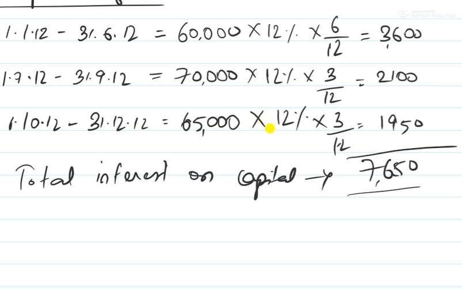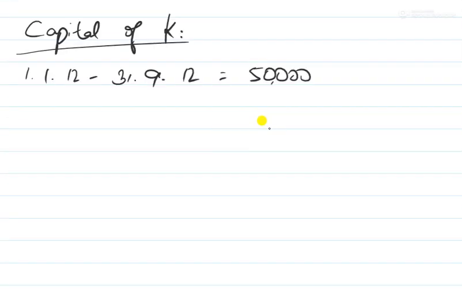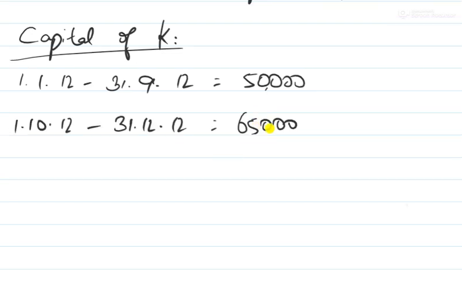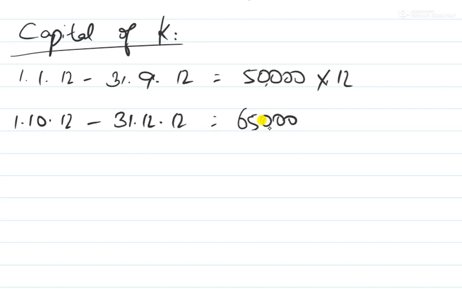Now let's come to the capital of K. In the case of K, there was no withdrawal, there was only addition. So for the first 9 months, the capital was 50,000, and for the last 3 months, he added 15,000, so the capital became 65,000. Okay. Interest rate 12%, into how many months?